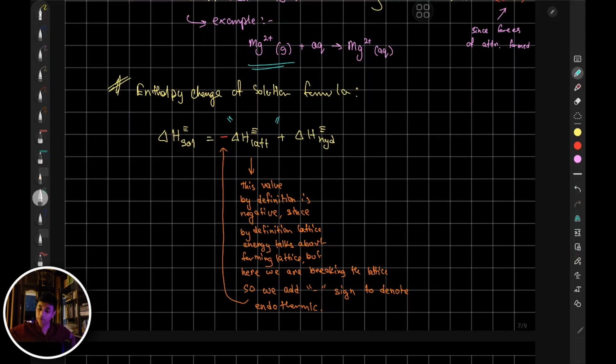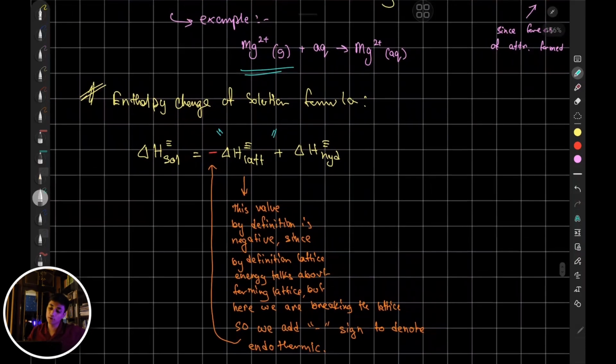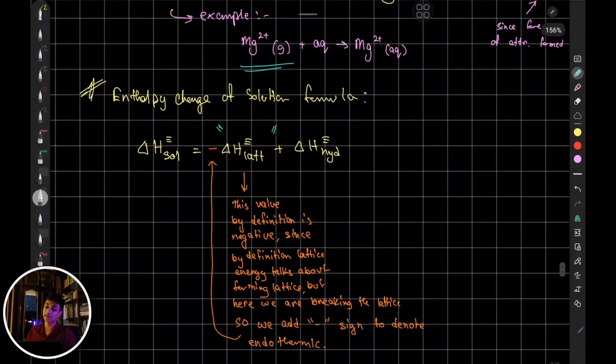In your question paper, it's going to give you the values as, let's say, for NaCl, the del H lat is going to be given by minus, let's say, 100 kilojoule per mole, an arbitrary value. Let's say this is given in the question paper.